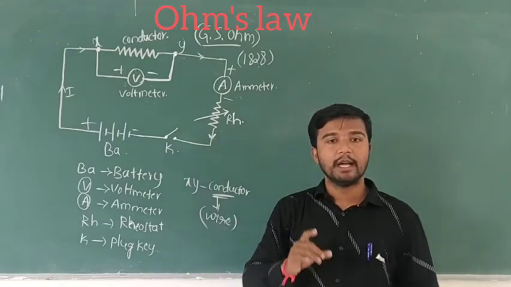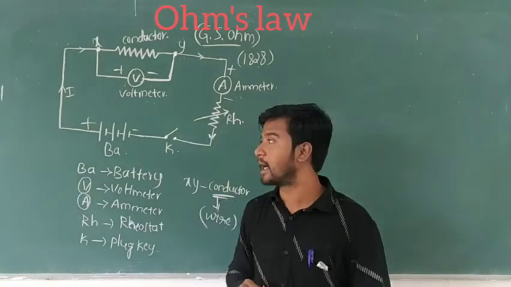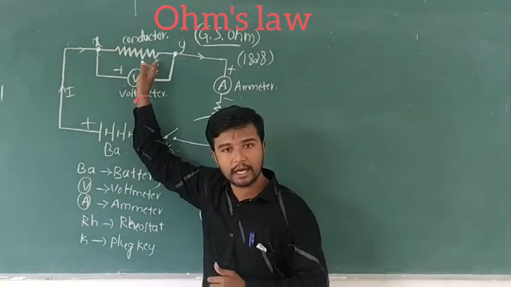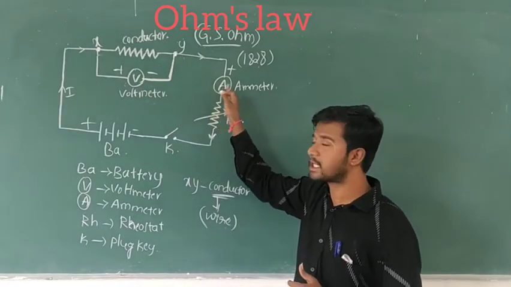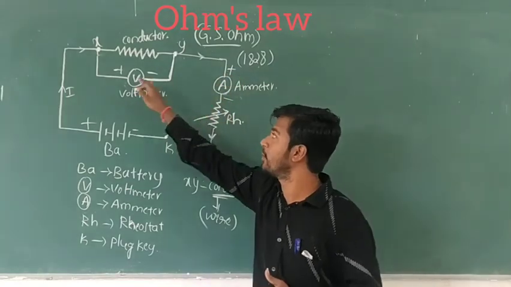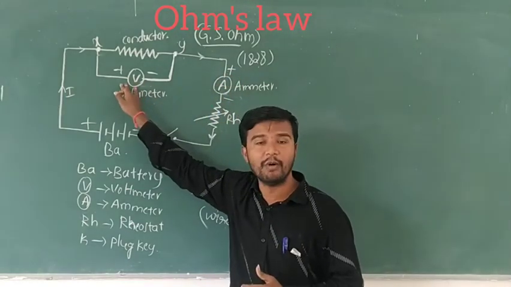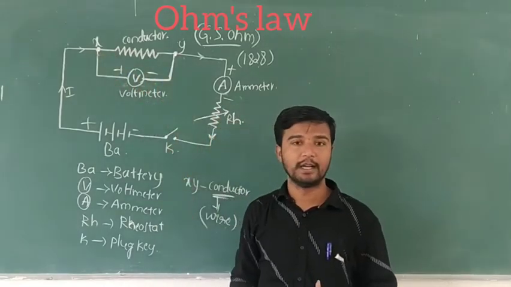According to Ohm's law, the current I flowing through a conductor is directly proportional to the potential difference V across the ends of the conductor.